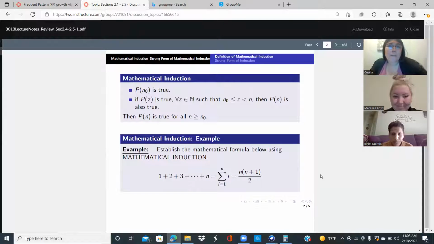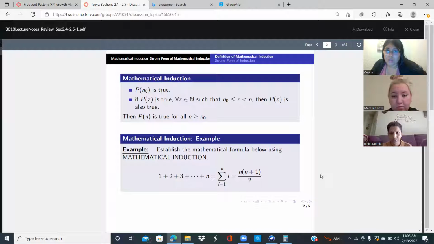Okay, so mathematical induction: P of n sub 0 is true. If P of z is true, then for all z, an element of the natural numbers, such that z is greater than n sub 0, then P of n is also true.